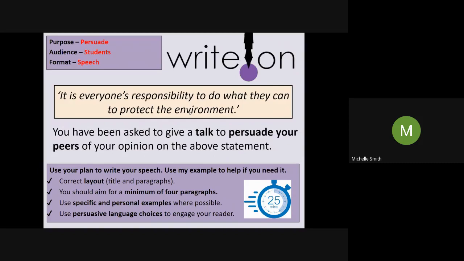When I say use a personal example, and you think, well, I haven't got a personal example to use, well, make it up. Yeah, you know somebody that knows somebody that's set up their own business, and they sell things that are made from 100% recyclable products.